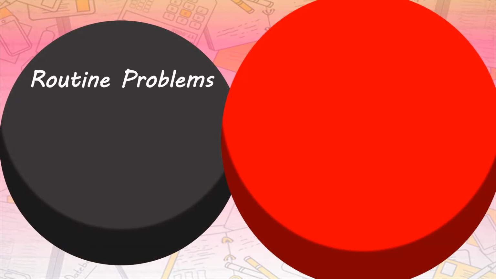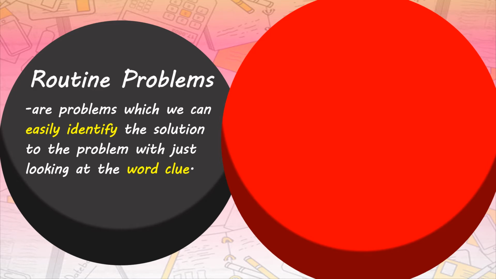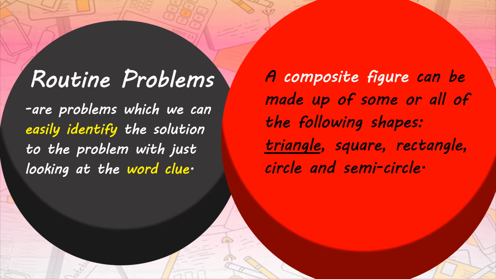Routine problems are problems which we can easily identify the solution to with just looking at the word clue. Please remember that a composite figure can be made up of some or all of the following shapes such as triangle, square, rectangle, and semicircle.